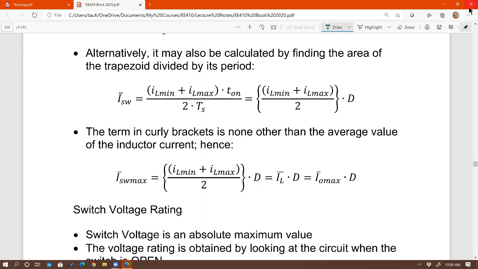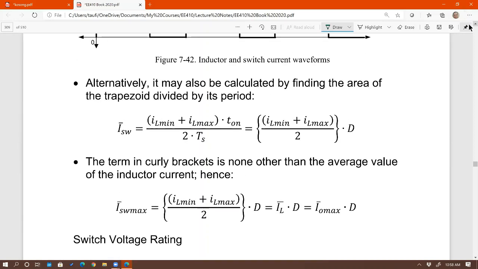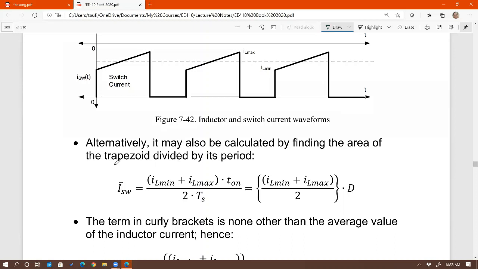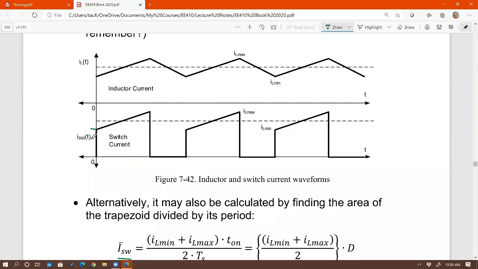I think this is how I do it with the trapezoidal current. So you can see that by using trapezoidal method, area under the curve for the switch, I just used the area under the trapezoid, which is the sum of the parallel sides, sum of this and this. We know that's IL min, we know that's IL max.